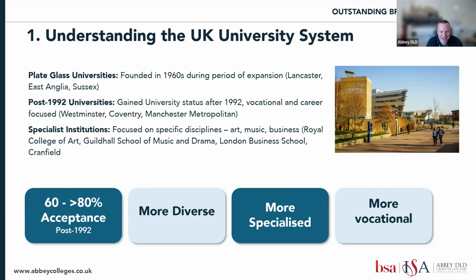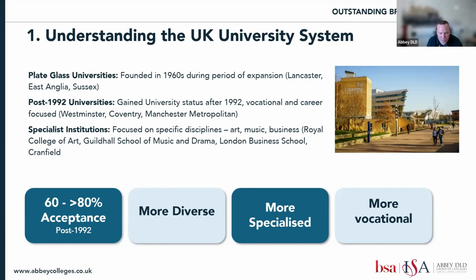So you can see kind of a theme running along, red brick to plate glass. And that includes universities like Lancaster, which is usually ranked in the top 20 of UK universities, East Anglia and Sussex. And then you go into post-1992 universities.